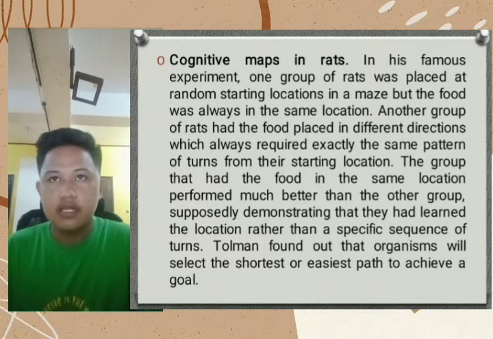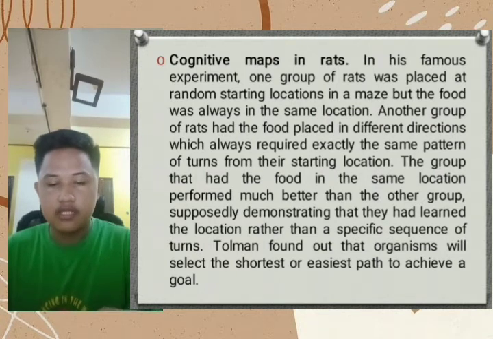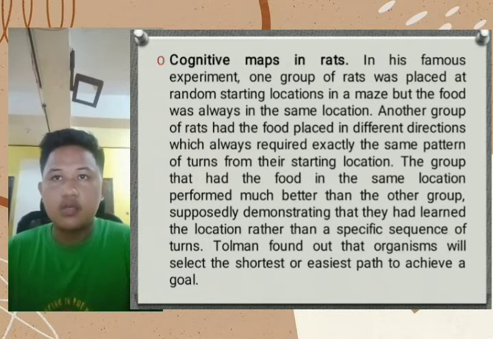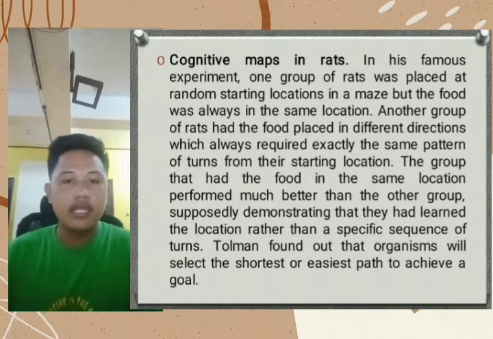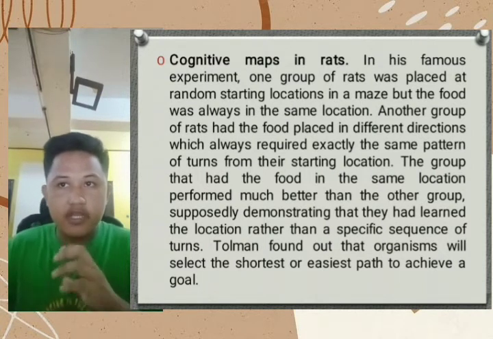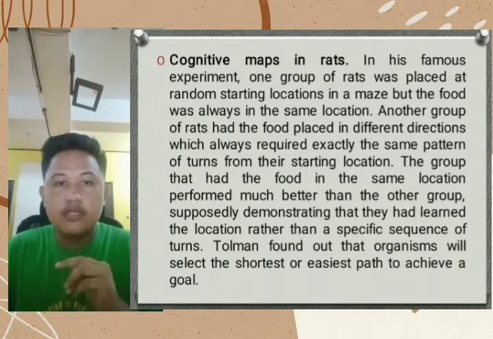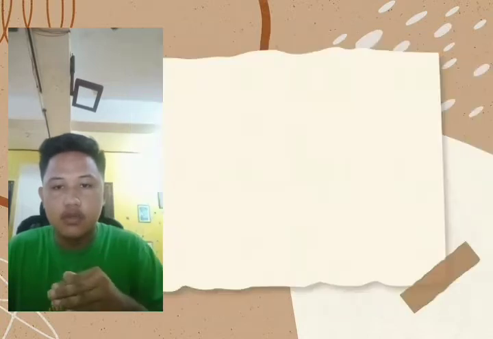The group that had the food in the same location performed much better than the other group, supposedly demonstrating that they had learned the location rather than a specific sequence of turns. So Tolman found out that organisms will select the shortest or the easiest path to achieve a goal.